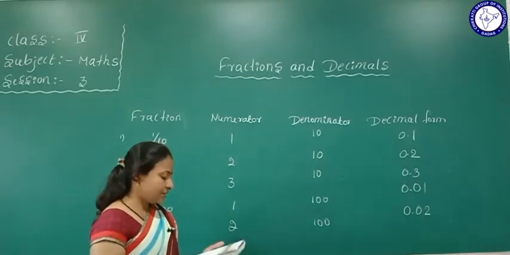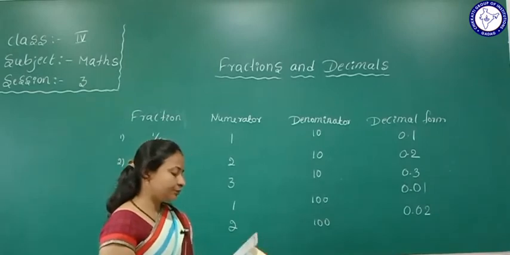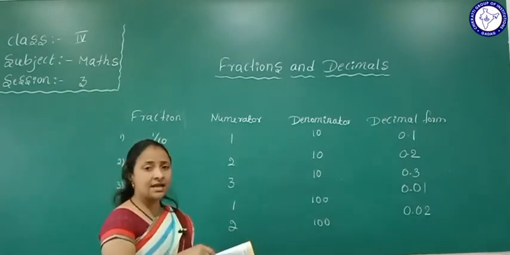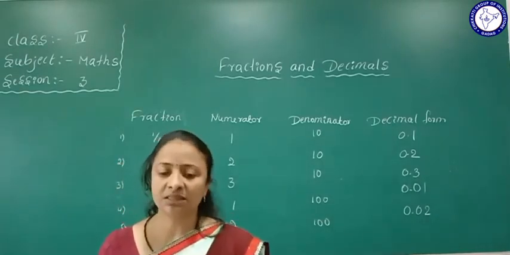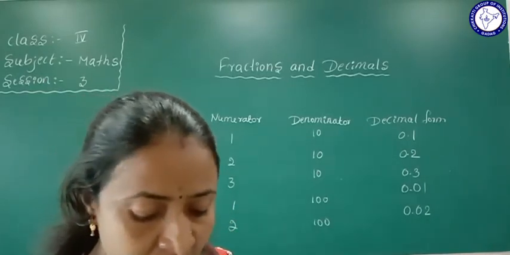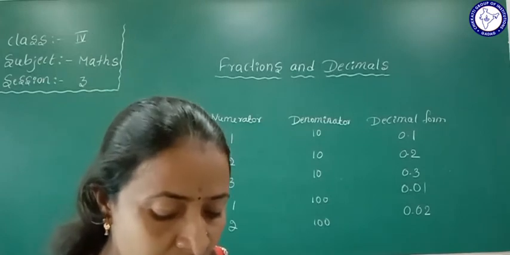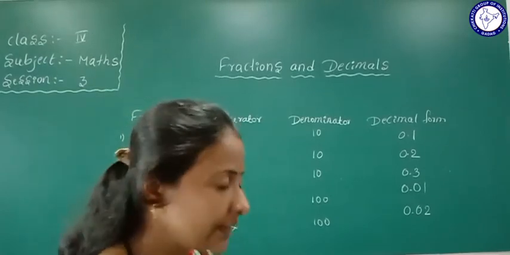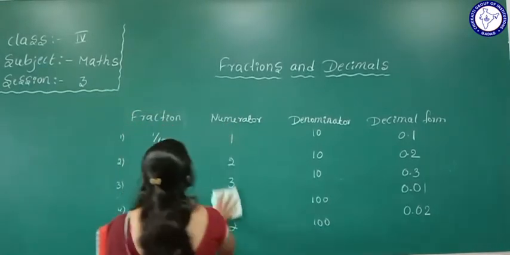So next one, we are going to do exercise 9.3. Okay, see the exercise 9.3. Yes, I hope you understood about the decimal number, how to write from a fraction to decimal form.